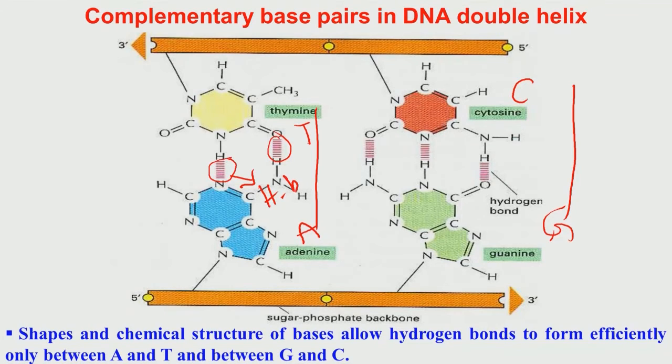These bonds are hydrogen bonds. The advantage of having hydrogen bonds in this base pairing is that if required they can be simply removed, and therefore these two strands can be separated easily, simply because the bonds which mediate the pairing between C and G or A and T are extremely weak, that is, the hydrogen bonds.